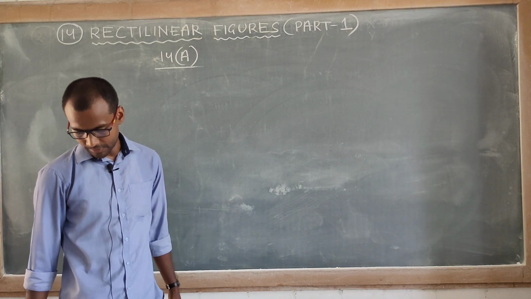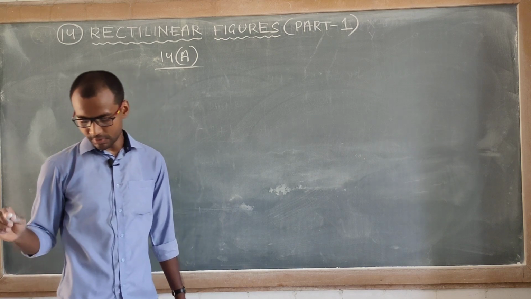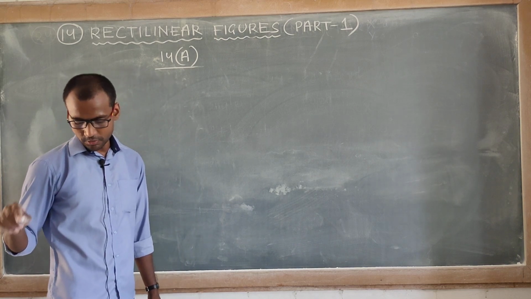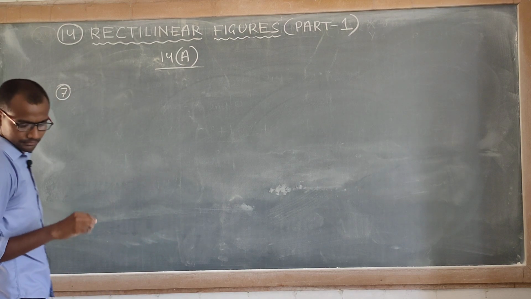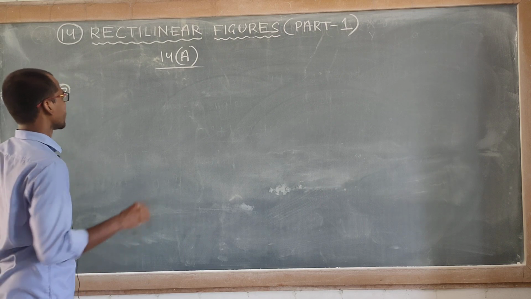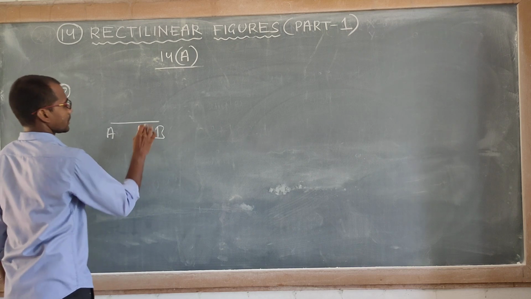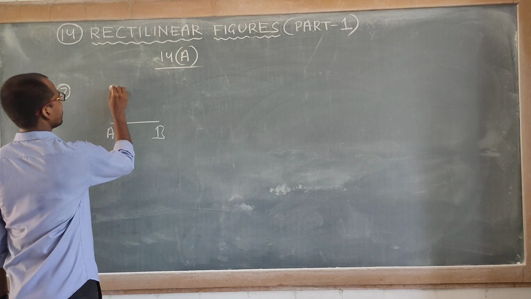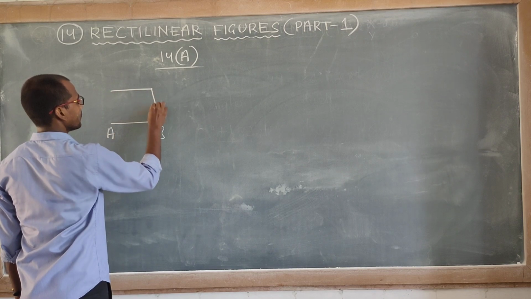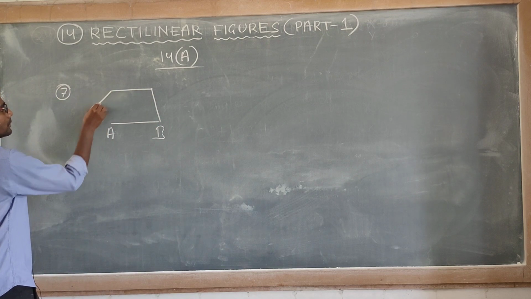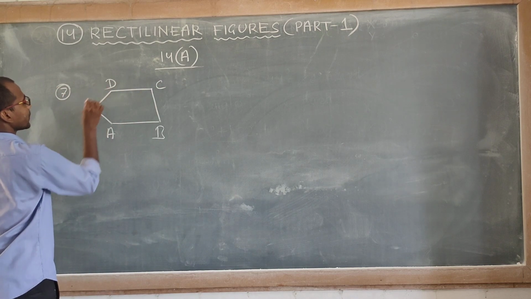Move to example 7. In a pentagon ABCDE, AB is parallel to DC. So you have to draw the figure. Example 7. Okay. AB is parallel to DC. Suppose this is AB, ABCD, CDE.